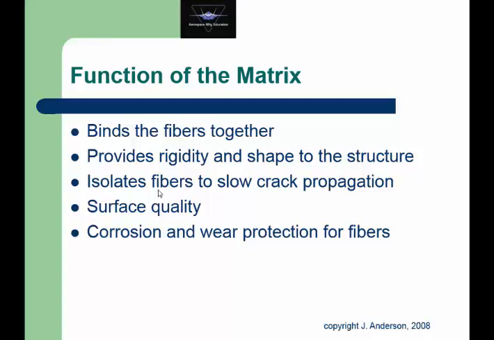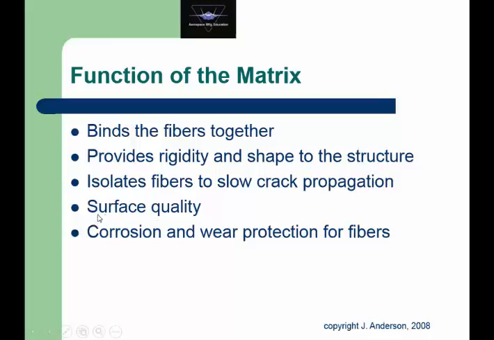Well, the matrix material takes up some of that strain from the broken fiber in itself. So it acts as a damper, sort of, on the shock of having that broken fiber in the bundle.